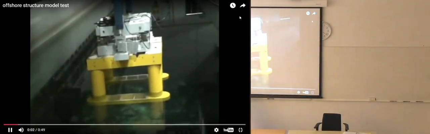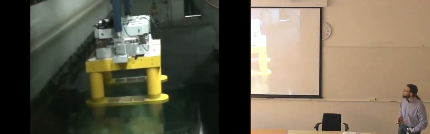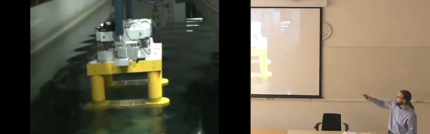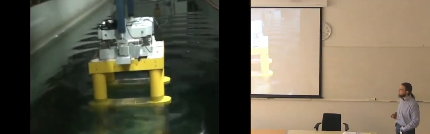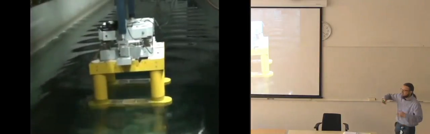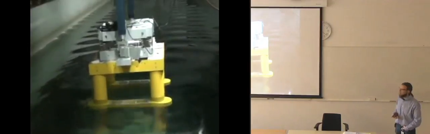They're also doing model tests, but this time on a semi-submersible rig. Here you can see it's connected to pistons that are measuring the force that's coming. The pistons are the ones doing the motions here, so they don't have external waves breaking over it.